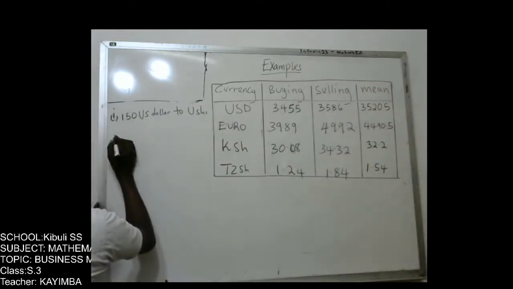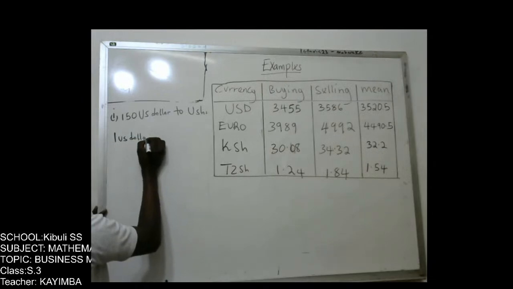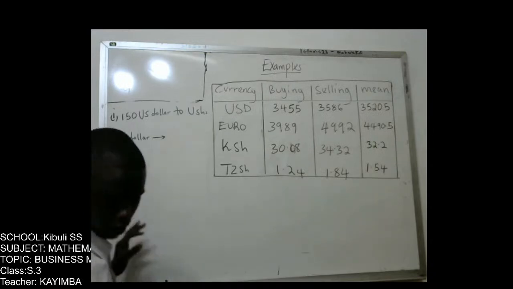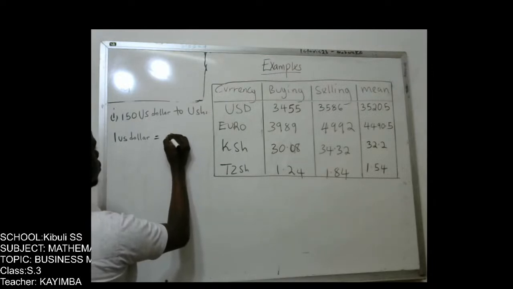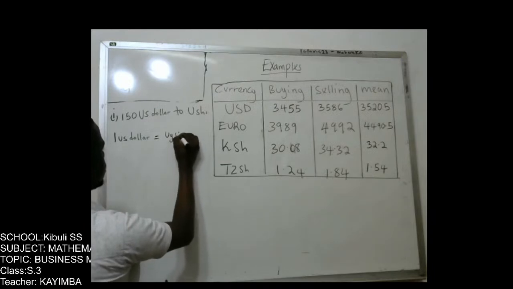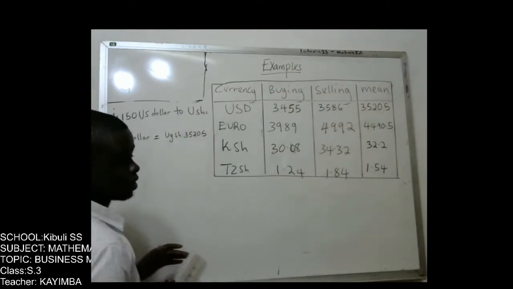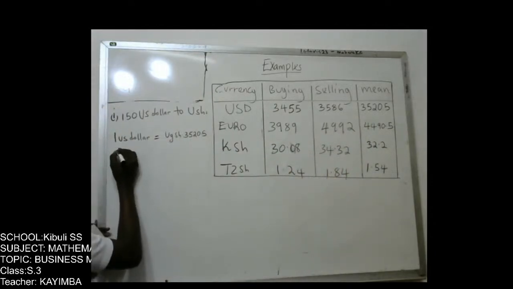Remember, 1 US dollar from the table is equivalent to, in 1 US dollar, they will give you Ugandan shillings 3,520.5. We are using the mean, okay? In 1 US dollar. Then how about in 150 US dollars?